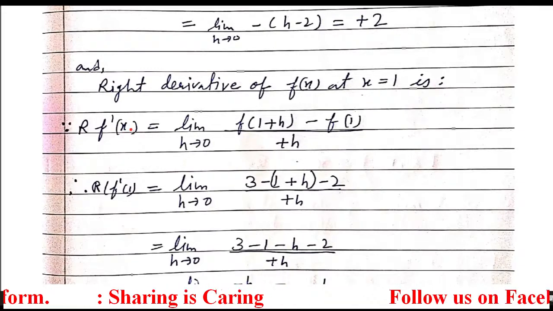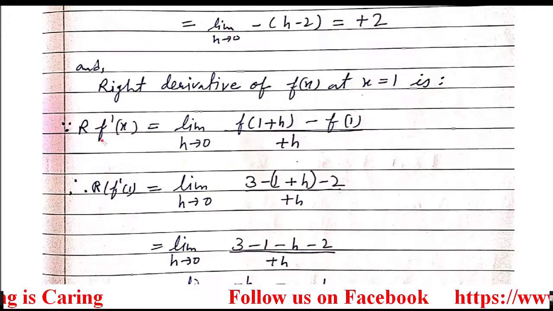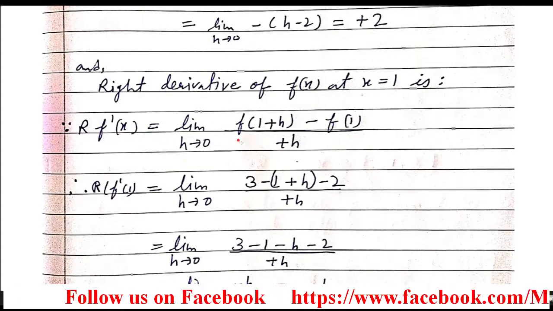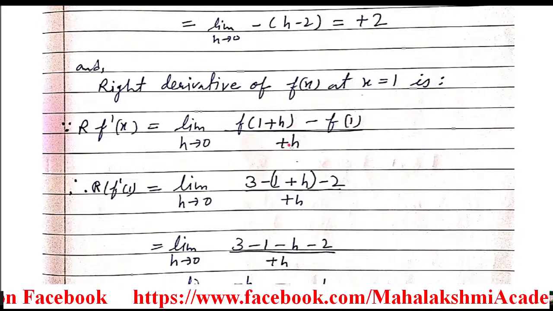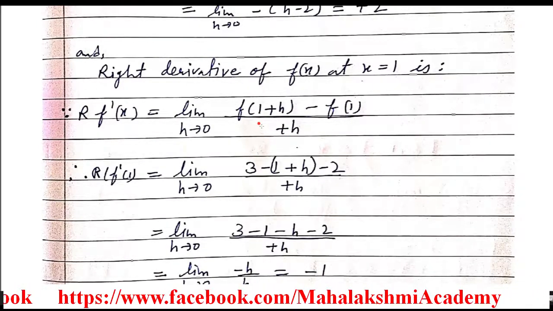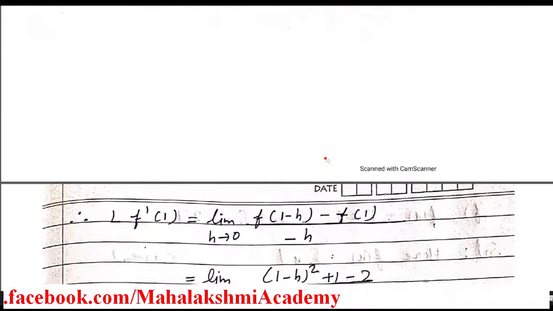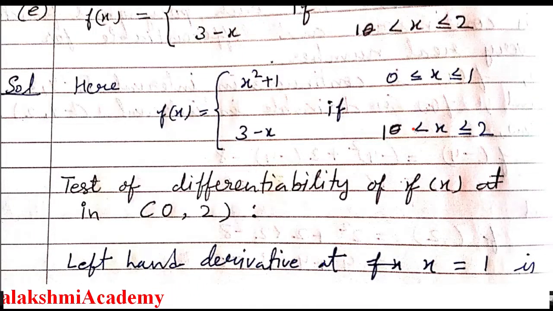When we calculate the right derivative, the symbol is Rf dash x, meaning the right derivative. So we have 1 plus h, which means more than 1. When x is more than 1, the value of the function is 3 minus x.